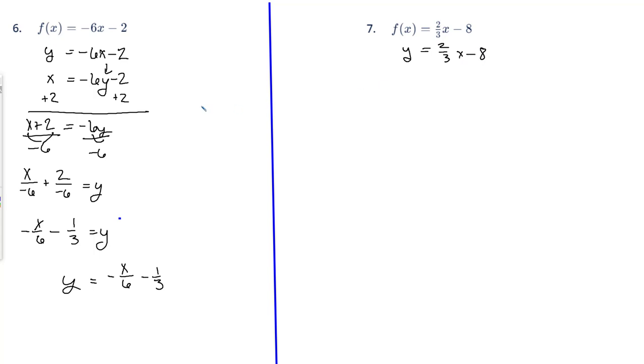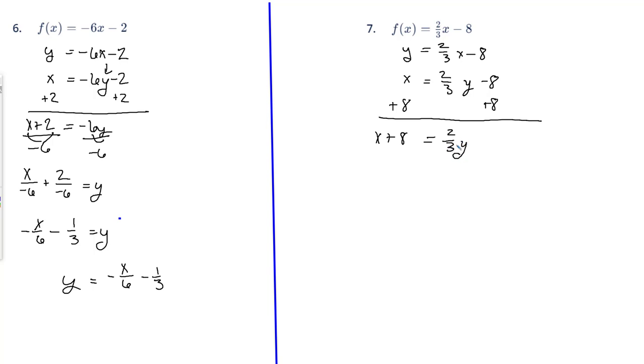So what do I do first when I'm finding the inverse? We can't do that until we've got them switched. And so now add the 8. So x plus 8 is equal to 2/3 y.